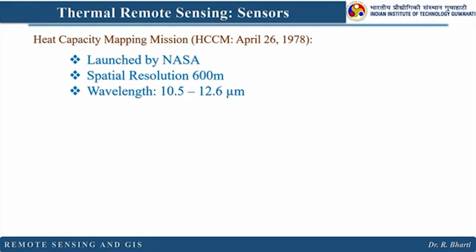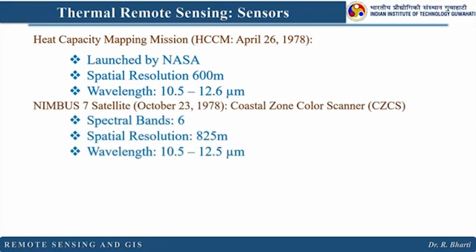Now there are different sensors available in thermal remote sensing. So I am going to list very limited numbers. So first one is heat capacity mapping mission, that was launched in 1978, right? Then Nimbus 7 satellite, this was in 1978 again.